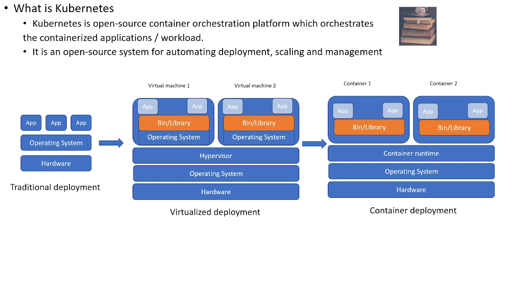Any resource which is required to run the application is taken from the host operating system. And container runtime is the crucial software unit which is responsible for the entire life cycle of the container. I hope you understand this.